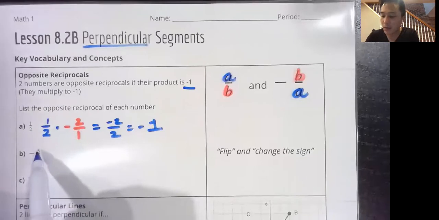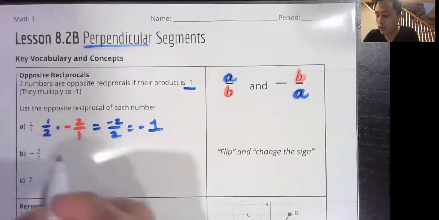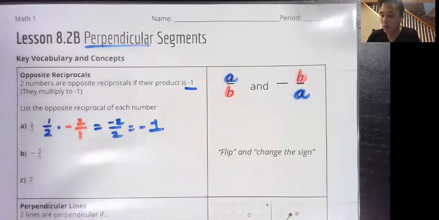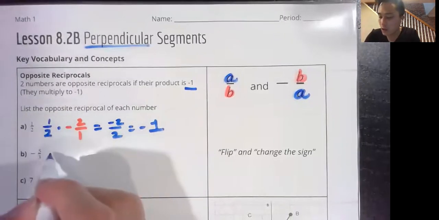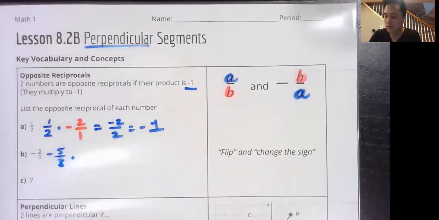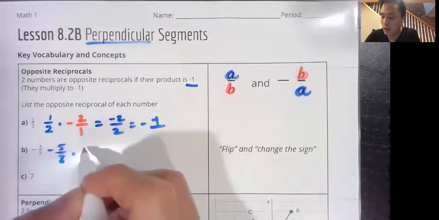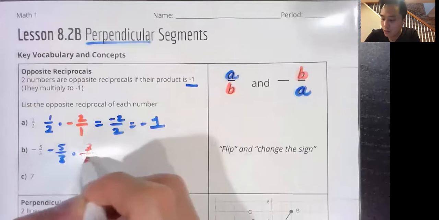What about -5/3? Well, if we do the rule of flipping the numerator and the denominator, starting with -5/3 times, change negative to positive, so change the sign, 3/5, right?